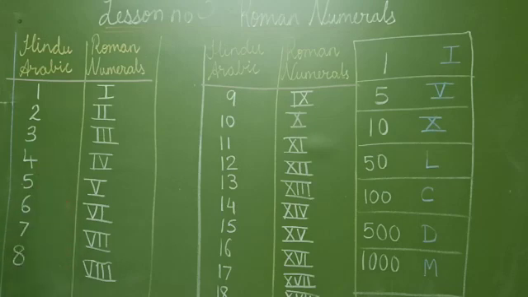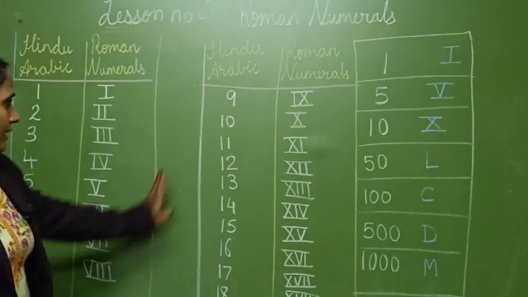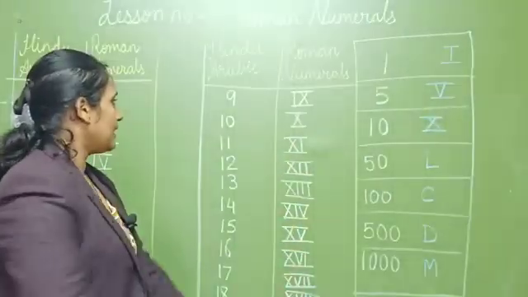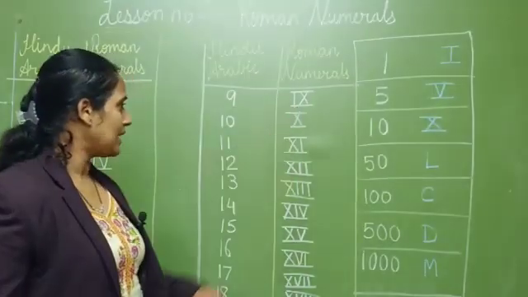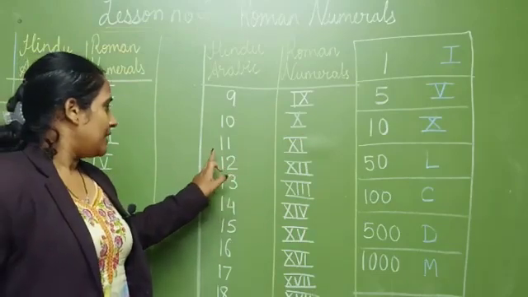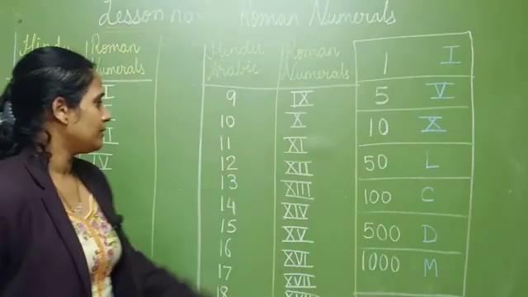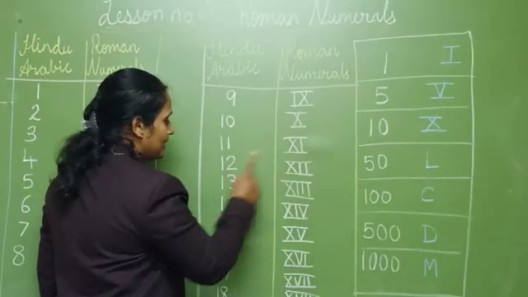In schools you must have seen, while writing your class, we most of the time use Roman numerals. For 9 we write like this: X will come in front of a single line, that means 9. A single X means 10. When it comes to 11, again 10 and 1, that is 11.